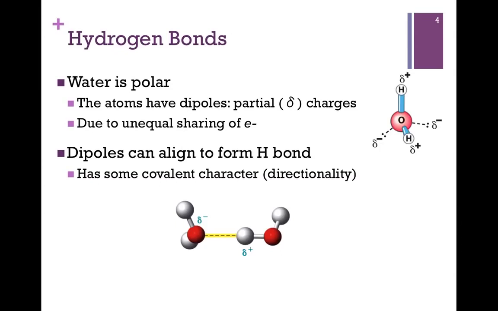The oxygens are pictured by the red spheres and the hydrogens by the white spheres. Notice the partial negative charge on the oxygen and the partial positive on the hydrogen. So these two can come together to form that hydrogen bond. In this illustration, the sticks represent the covalent bonds, and the dashed, highlighted in yellow line is the hydrogen bond.